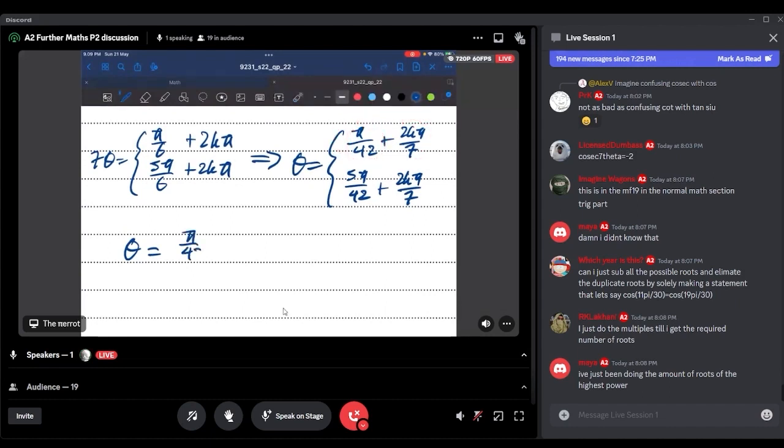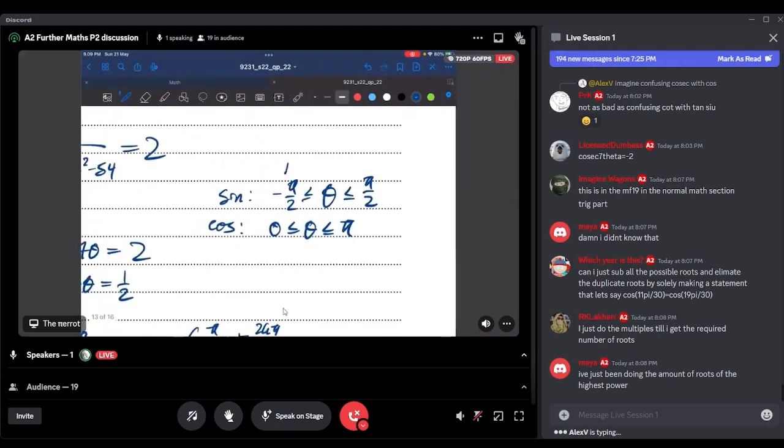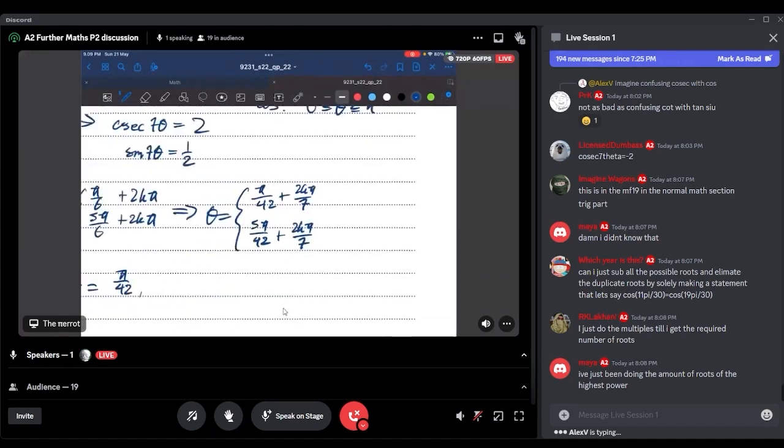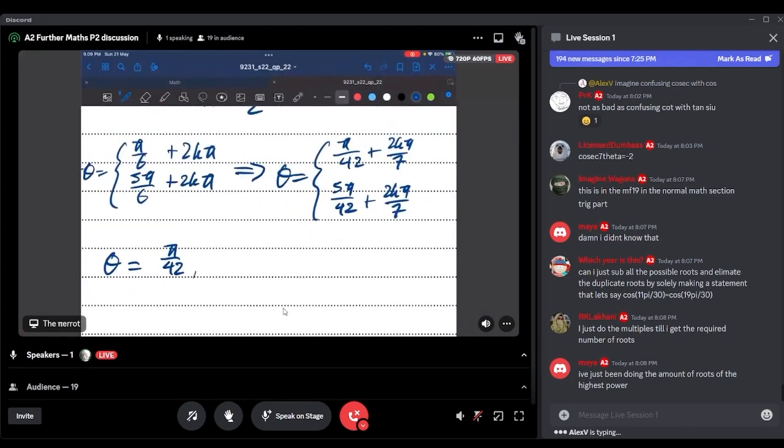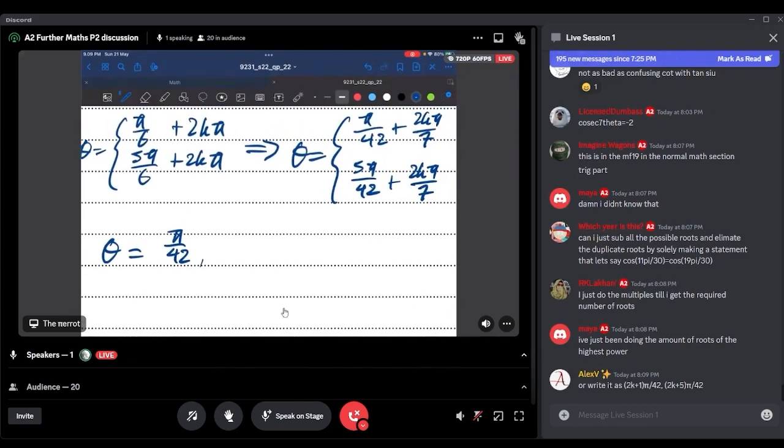What else? You just have to keep adding as long as you don't cross 21 over 42 pi, because this is the same thing as negative 21 over 42 pi. Just don't cross that and you'll be fine. With 2k pi by 7, you add this. With k as 1, I can't remember my answers, so I'm doing it in my calculator.